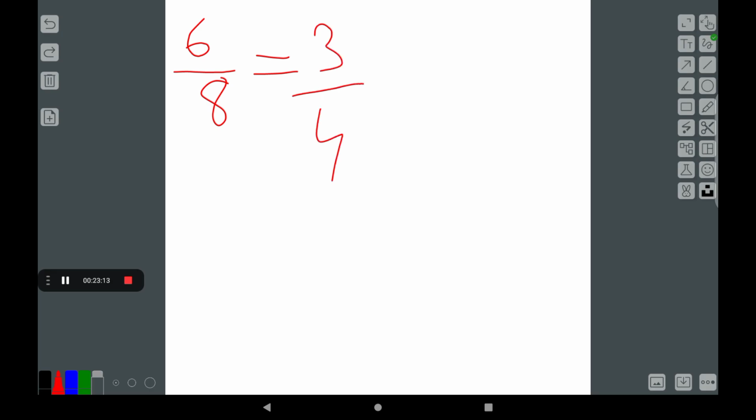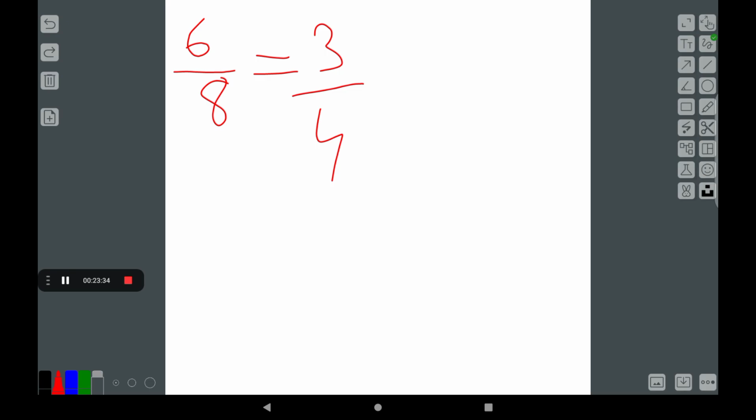Yes, they are, because if you divide 6 by 2, the answer comes 3, and 8 divided by 2 is 4. So yes, they are equal fractions.